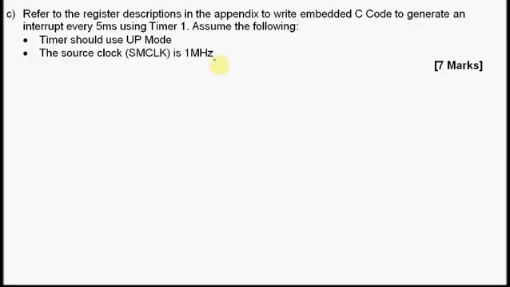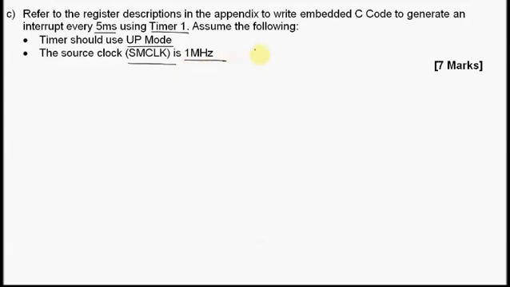Okay, here's another one that we need to refer to our data sheets for. What we want to do is set up the timer, and we want to generate an interrupt every 5 milliseconds. We'll be using timer 1, and we're going to use up mode for the timer and SM clock for the clock, and we've got a 1 megahertz clock.